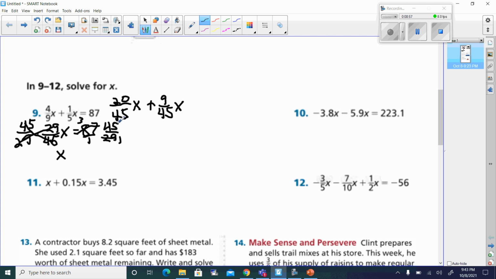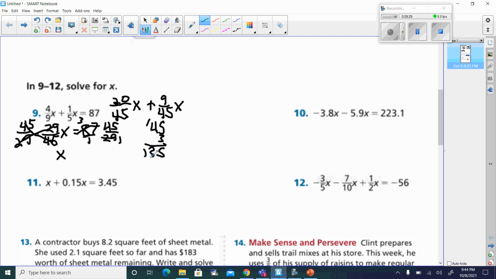Let's just go ahead and multiply it. 3 times 5 is 15. Carry the 1. And then 3 times 4 is 12, plus 1 is 13. That's going to give us 135.